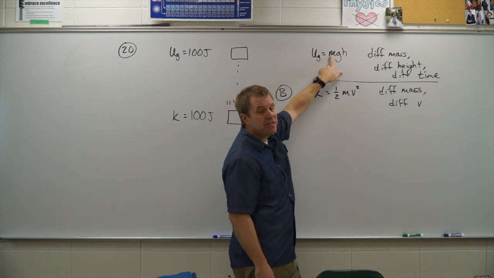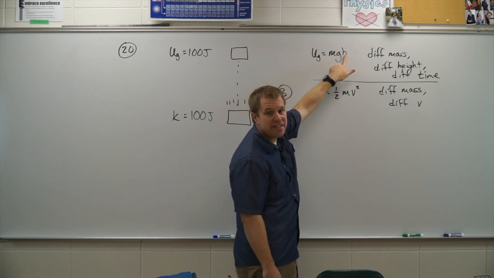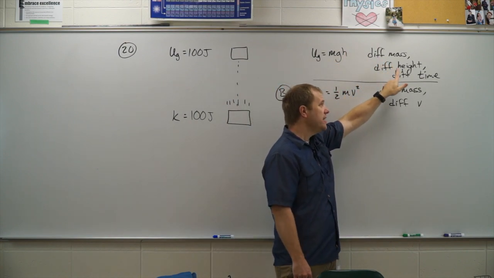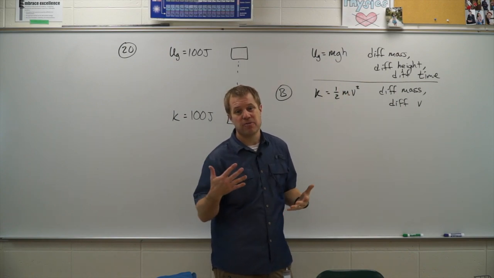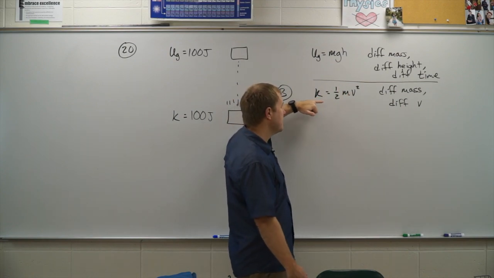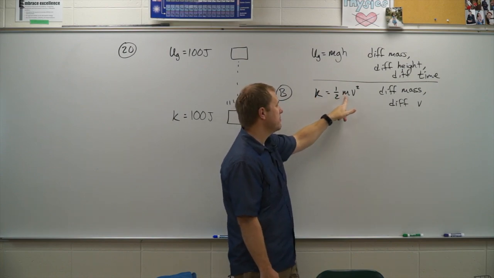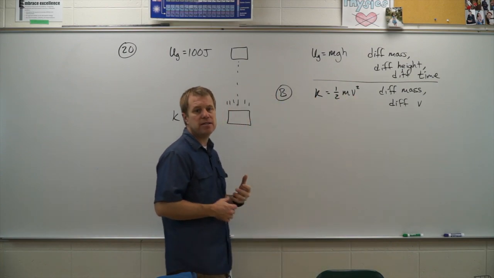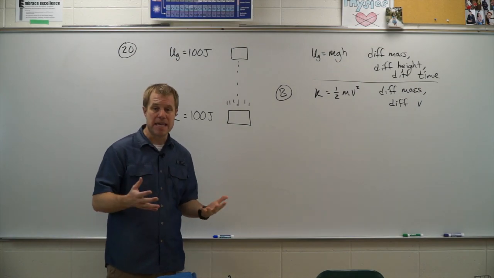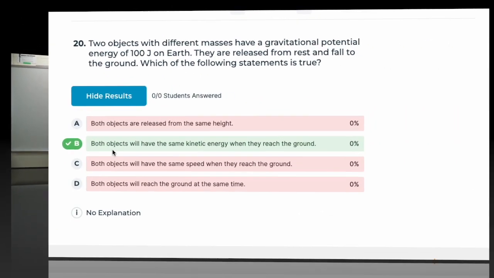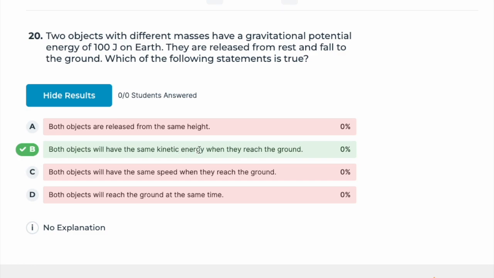Now, if they have different masses, they're going to start at different heights. If they start at different heights, they're going to take different times to reach the ground. They're also going to reach the ground with different speeds, much the same as if they have the same kinetic energy at the bottom but different masses, they're going to have different speeds. So they will have the same potential and kinetic energy at the start and end though. So B is our correct answer. Correct. They will have the same kinetic energy when they reach the ground.